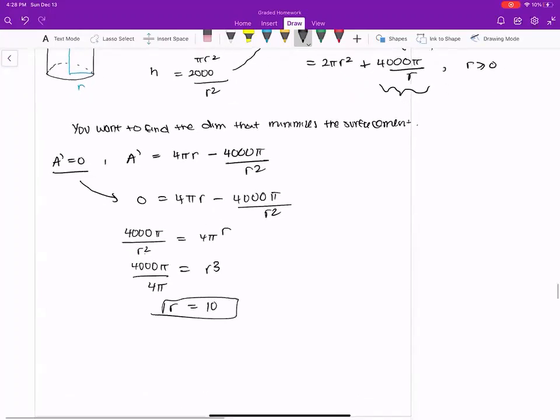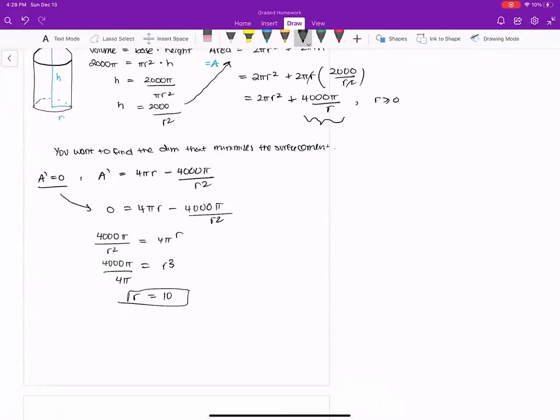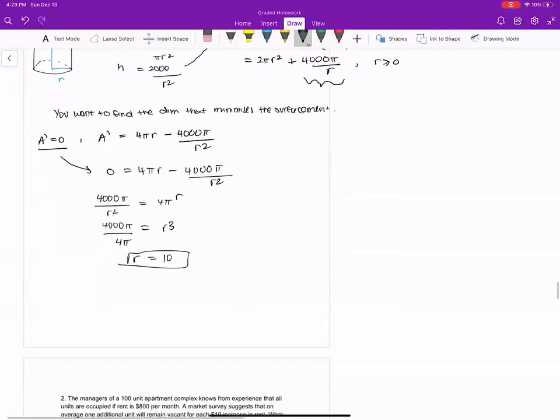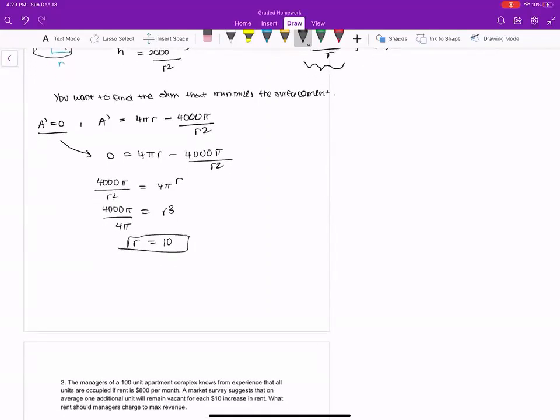Okay, so you want to show that r at 10 is your minimum point. So let us check if at r equals 10, you are at your minimum.